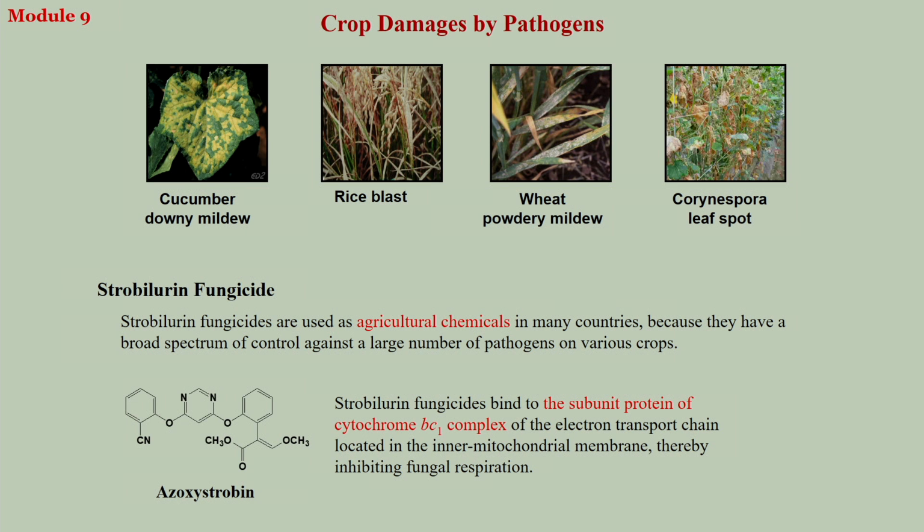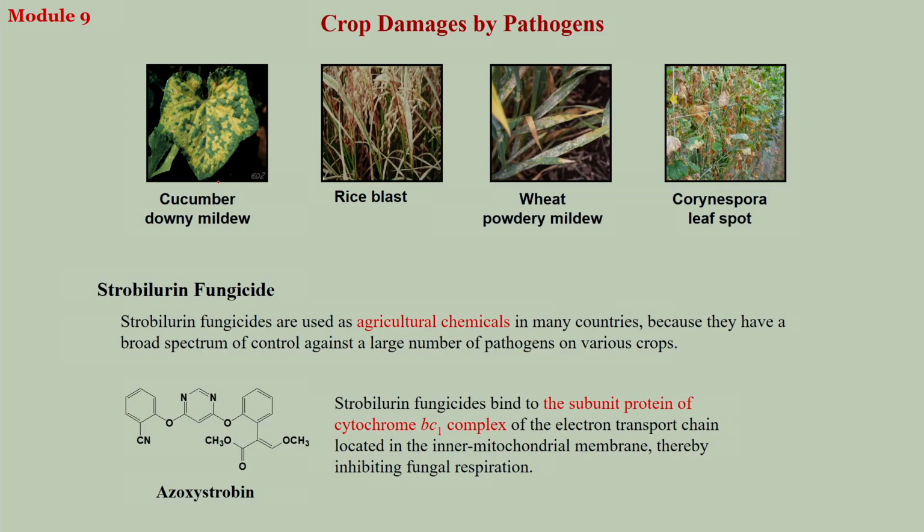Of course, all tumor cells have one or more mutations present in their diseased genes. Apart from that, there are agricultural examples, pathogens that attack crops. Cucumber downy mildew is a kind of pathogen that damages the cucumber leaf.